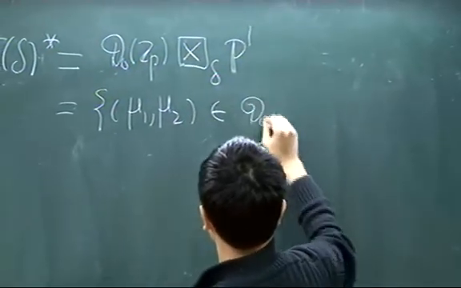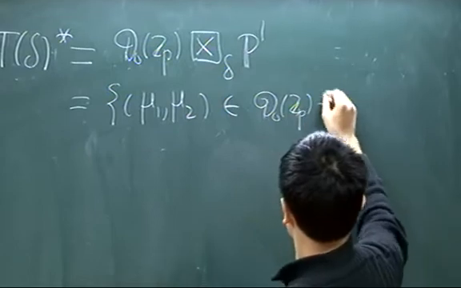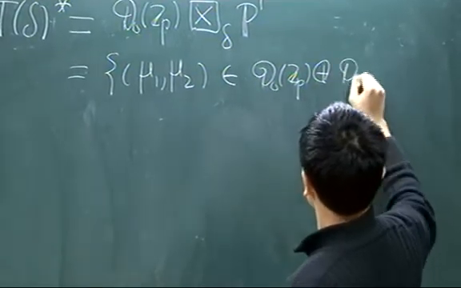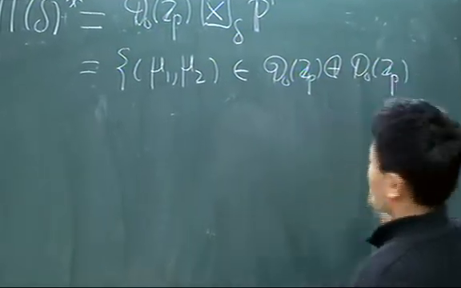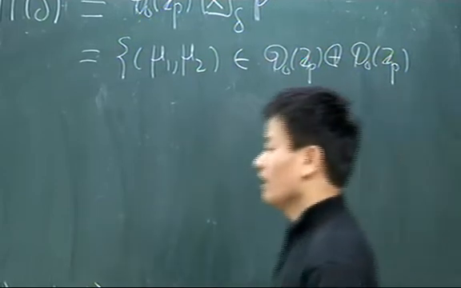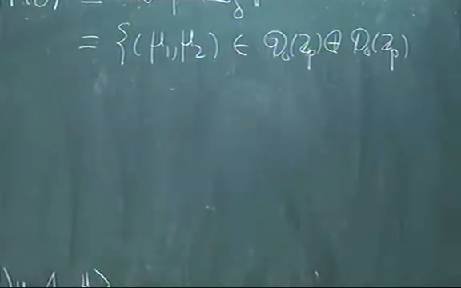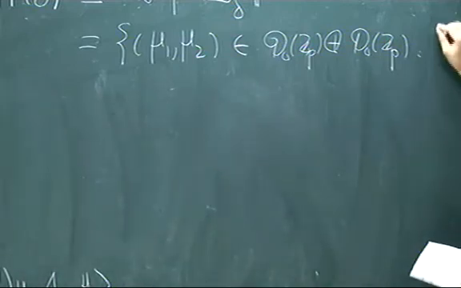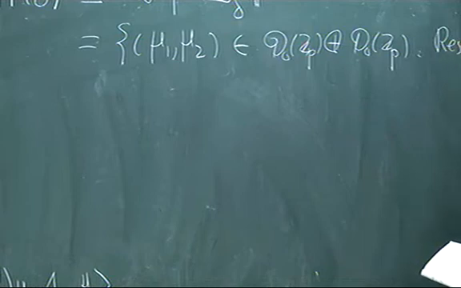So it's D0 V_p, D0 V_p. But because of this gluing over there, we need to have a condition: this restriction to Z_p star of mu2 is the restriction to Z_p star of mu1.